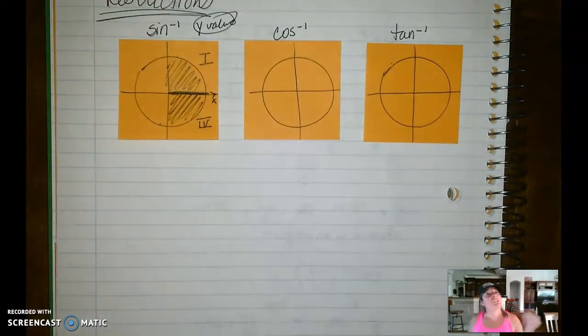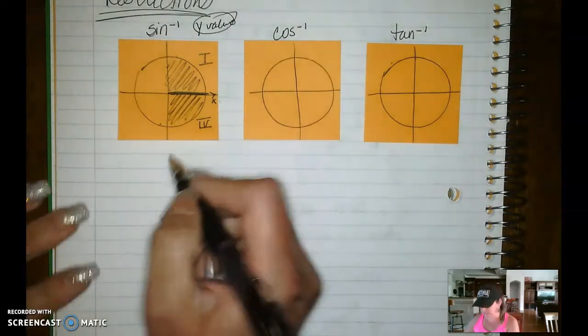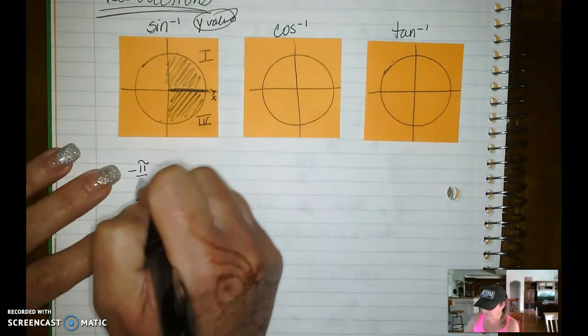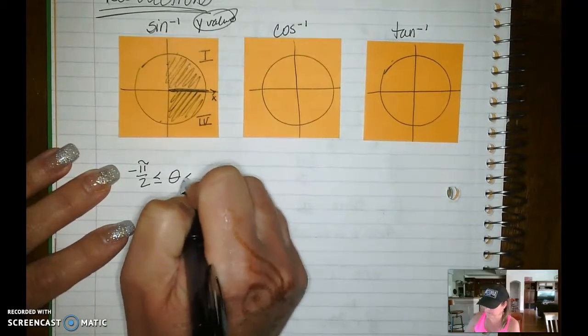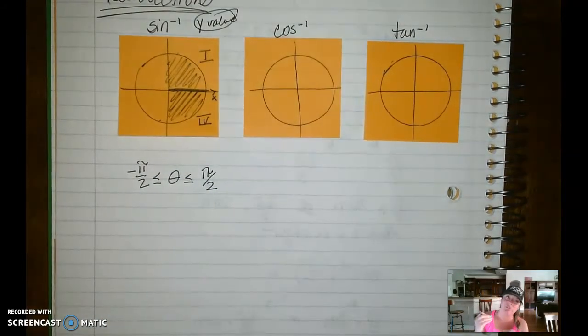So for the inverse sine, if you want to give just one answer and not a gazillion answers, because we could be here all stinking day, you restrict it to negative pi over 2 and pi over 2.